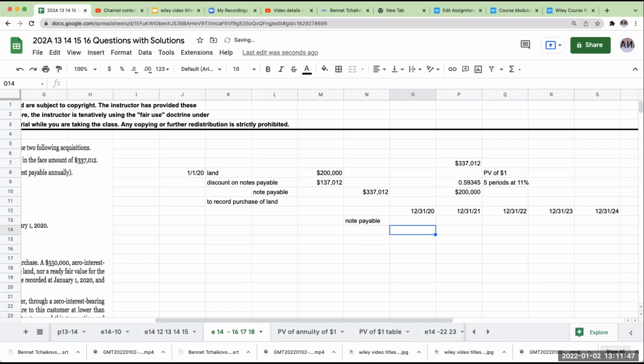is basically going to have to show $337,012, because on my financial statements it's showing right now less discount on notes payable.